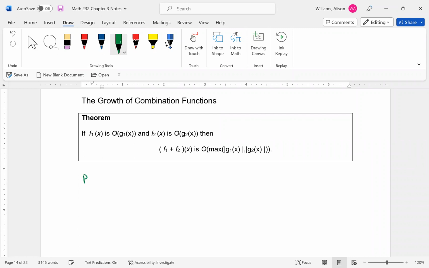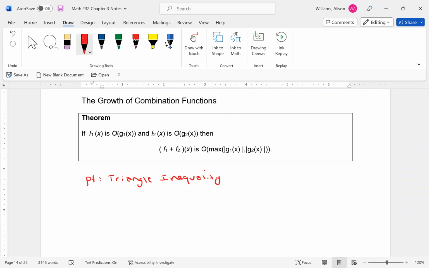And again, sorry, let me switch to my red pen. Again, we're going to use the triangle inequality. Okay, so here's where we're going to start. Actually, hold on. We're going to start with the assumption that f1 and f2 are big O of g1 and g2.